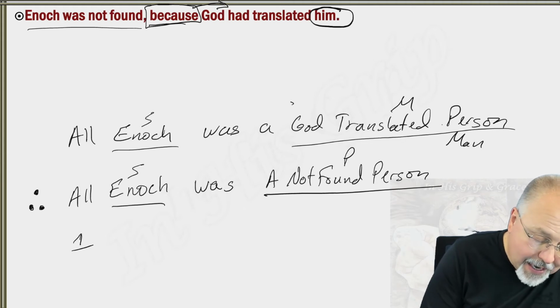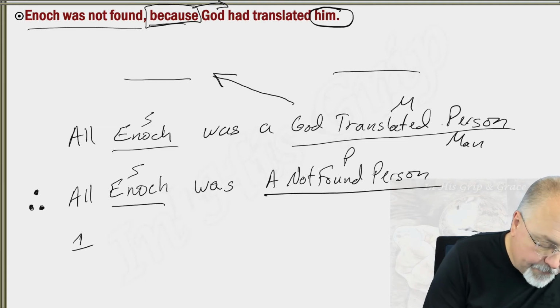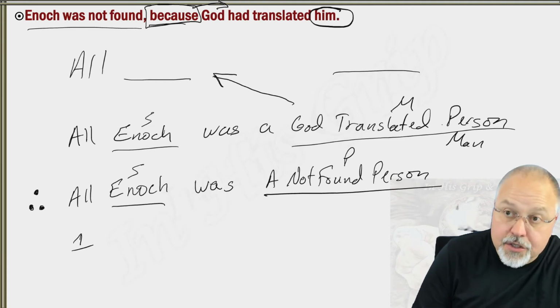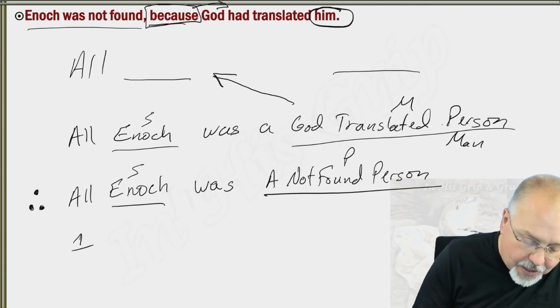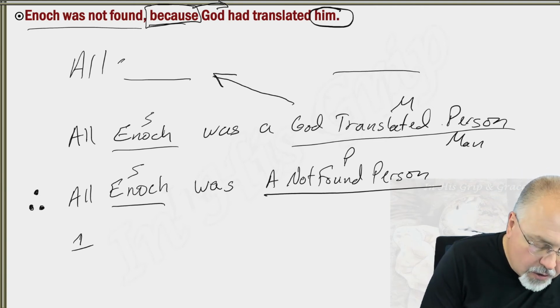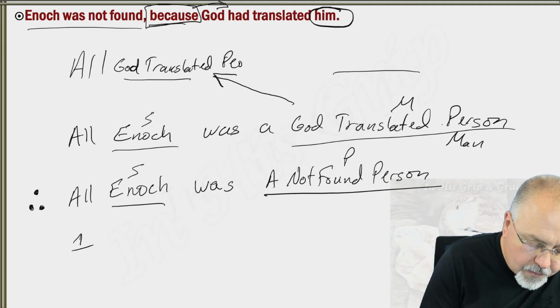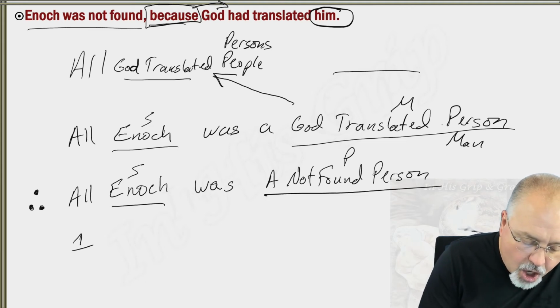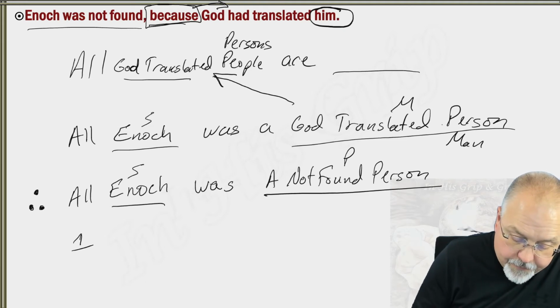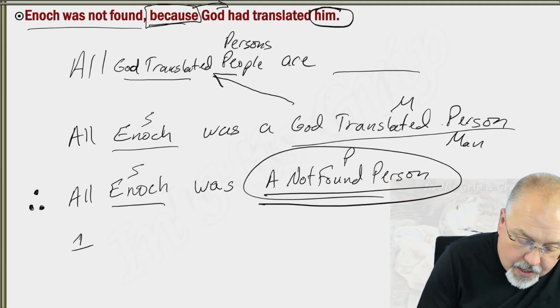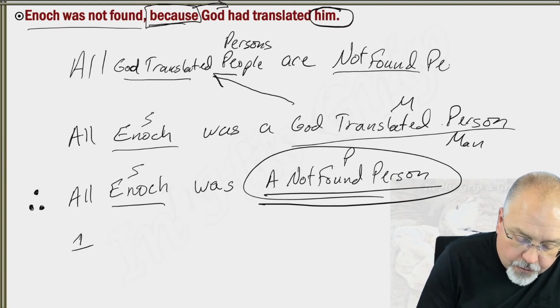We're doing AAA1, so we know that the middle term has to go at this position in order to be valid, because it has to be distributed, right? So you got to remember to think about your distribution. All God translated people, you could do persons, are not found people.